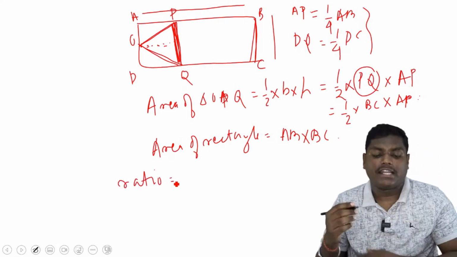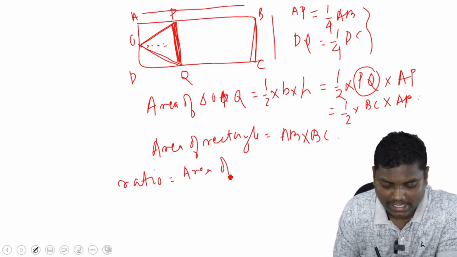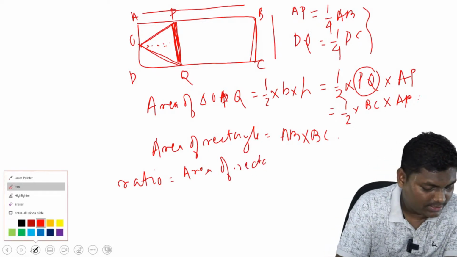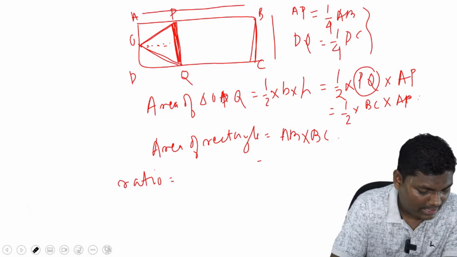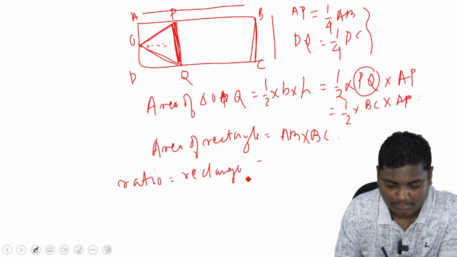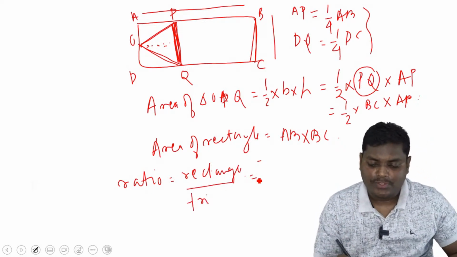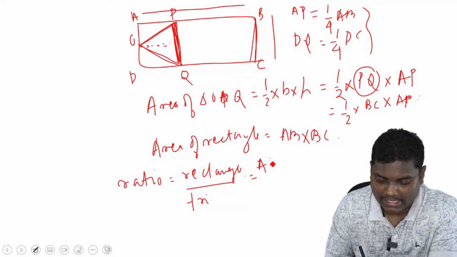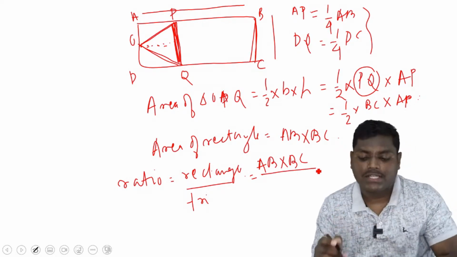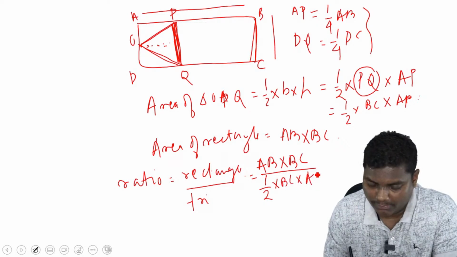If we are finding the ratio of area of rectangle upon triangle, just substitute the values. What is the area of the rectangle? AB into BC. Now what is the area of the triangle? Half into BC into AP.